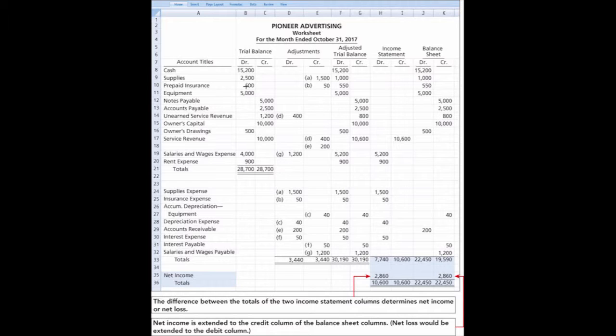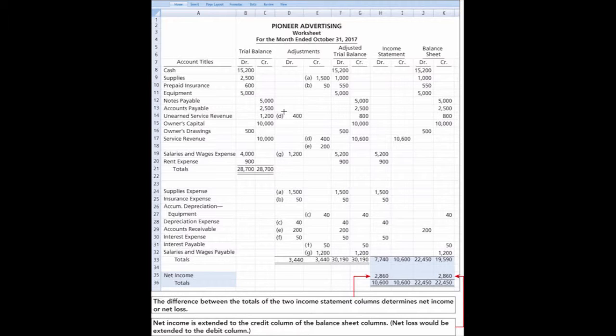And so you notice that we have a debit on the trial balance and a credit in the adjustment. So what you would do to come up with the new adjusted trial balance is you would subtract 2,500 minus 1,500 equals 1,000. Okay, that's when you have a debit on the trial balance and a credit on the adjustment, or vice versa, a credit on the trial balance and a debit on the adjustment.